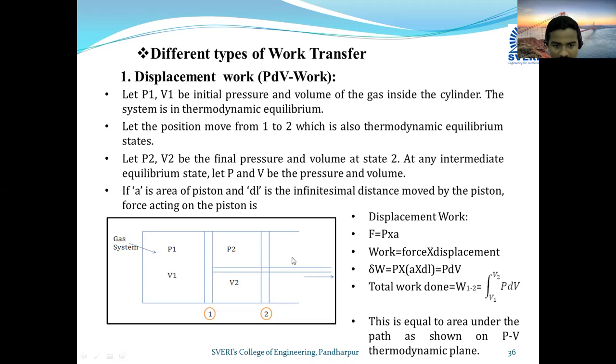Suppose A is the area of the piston, and dl will be the small displacement or the small distance moved by the piston, that is A dl. Okay, so how will we calculate displacement work?